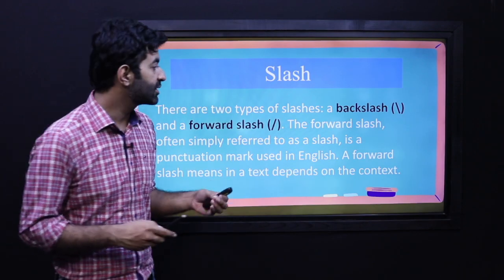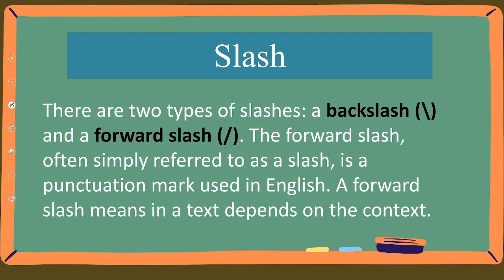So what is slash? There are two types of slashes: a backslash that looks like this, and a forward slash like this. So this is what we call a slash. There are variations. This one has a backward look.